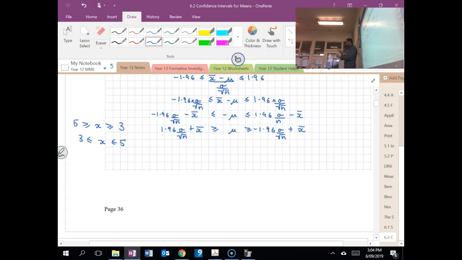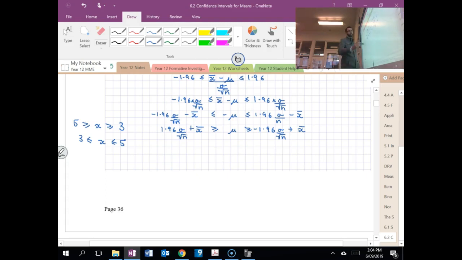I can swap the signs and reverse the ends without actually changing the meaning of the statement. So this says that 5 is more than x, which is more than 3, so x is 4. This says 3 is less than x, which is less than 5. Either statement is true for x being 4.